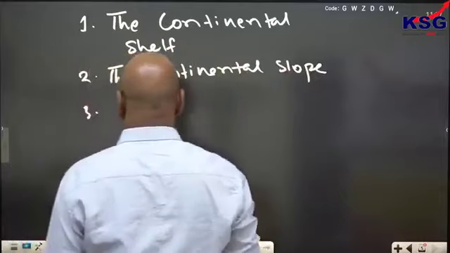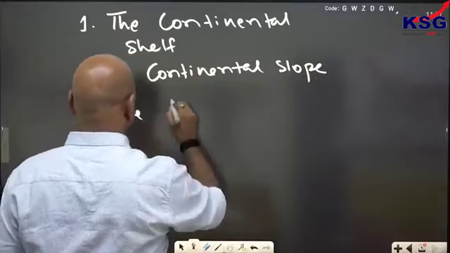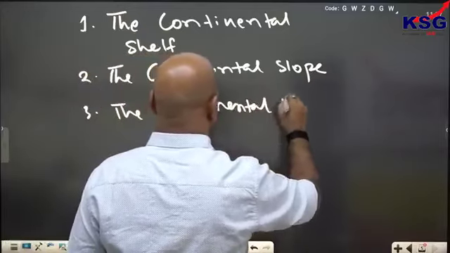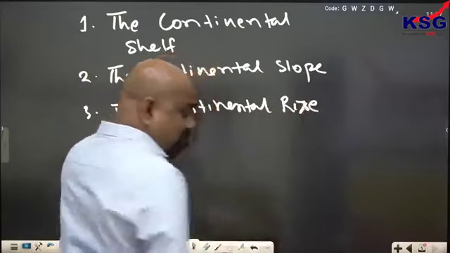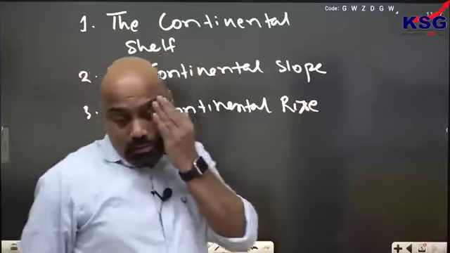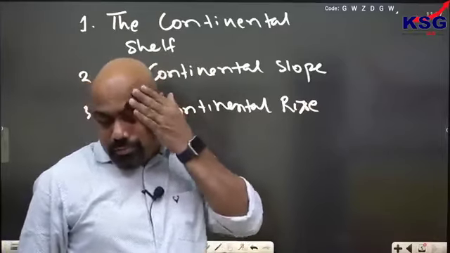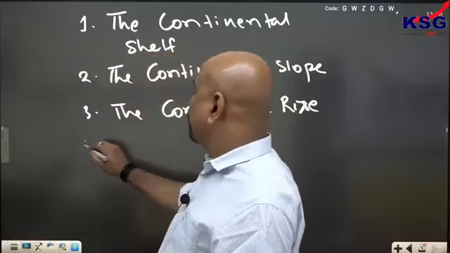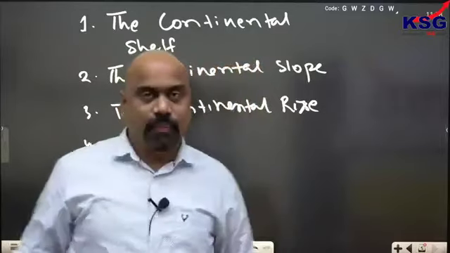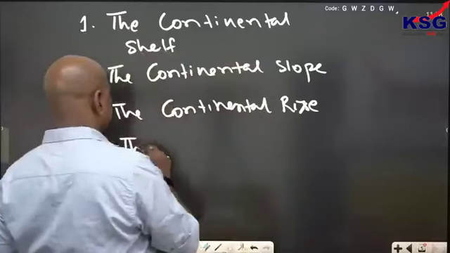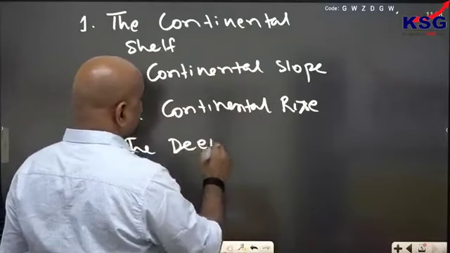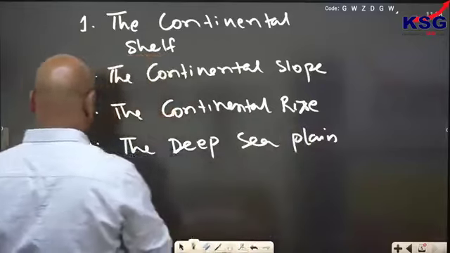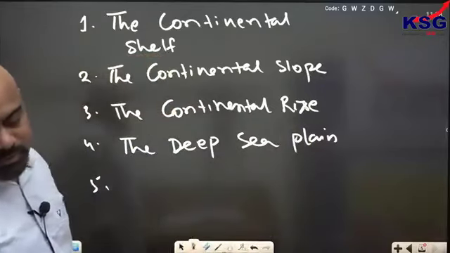Third, the continental rise. Then you have fourth, the deep sea plain. The deep sea plain.